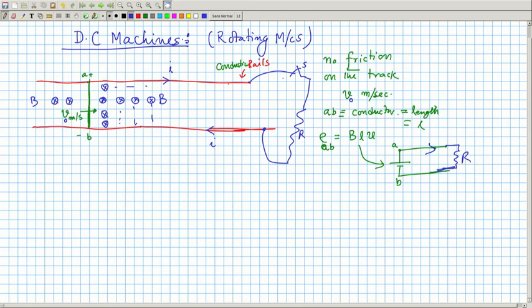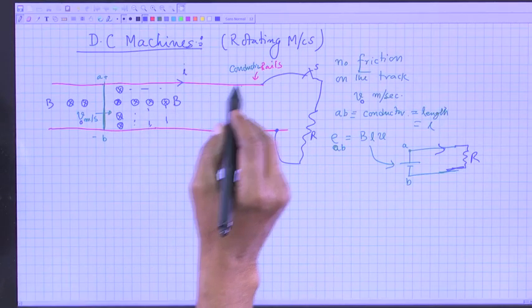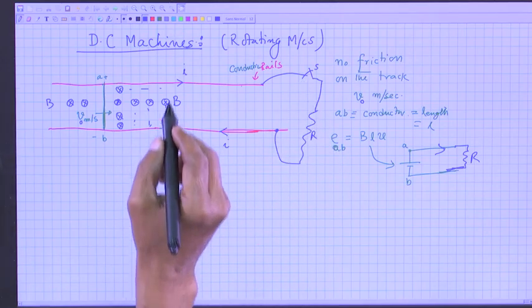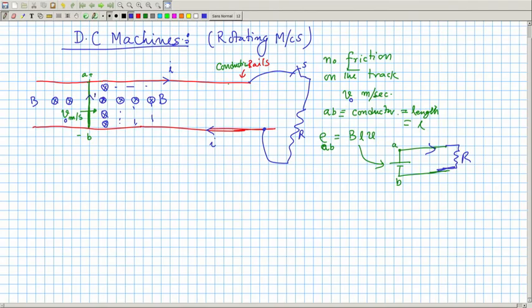Now, look here, the moment this conductor delivers power, current will also flow through this conductor, same current, series. Now, we know that a current carrying conductor placed in a magnetic field will experience a force, and what is the magnitude of the force?